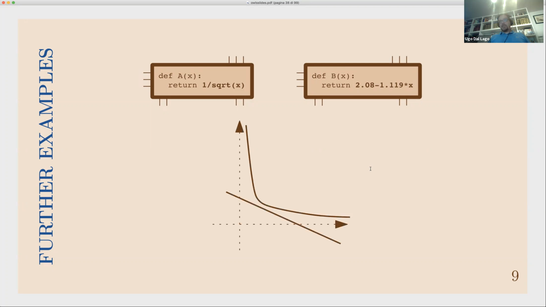And indeed, the two functions are pretty similar, but only when the input is close to a value similar to 0.4, 0.5. Of course, if you want to do it, you need to be sure that the context behaves well, okay? That the context feeds these two programs with a good value, right? With a value which is close to the one I've just mentioned, 0.5. So, this is an actual program transformation that people in the compiler community actually apply.